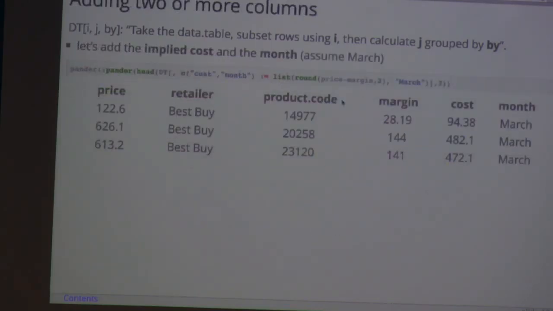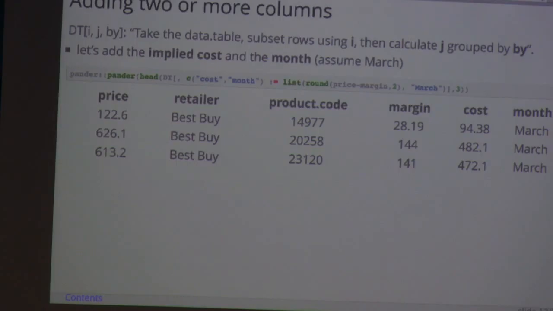Now, if you want to add 2 more columns, I think there's a couple of ways to do it. You will see it on the cheat sheet that you can download. I like to use lists. So I guess each column is treated as its own list. Therefore, you can put new columns in there and specify a list. So here we're saying we want to take 2 new columns. We'll call them cost and month, and we'll put a list. So this is non-aggregated.